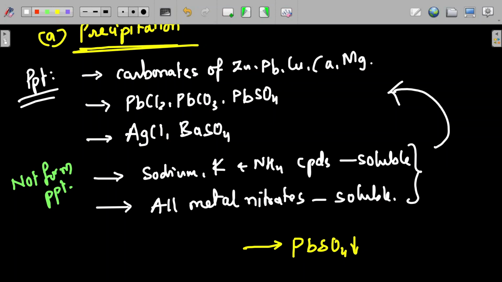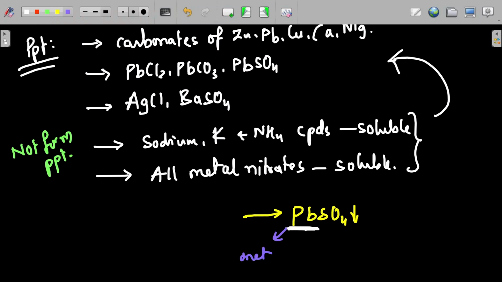For a precipitation reaction, whatever starting material you are taking should be soluble in water, right? You have to take the aqueous solution of lead compound and aqueous solution of sulfate compound. Now I don't know which compound of lead is soluble in water and which compound of sulfate is soluble in water. In such cases, always, for the metal, you take the metal nitrate.